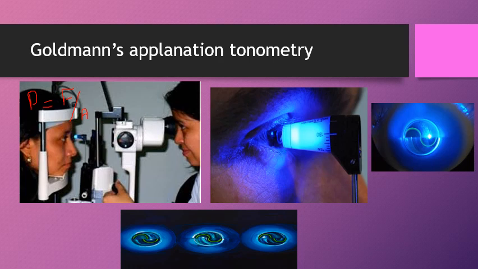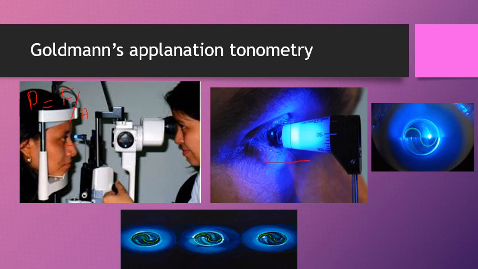Then we introduce anesthetizing drops, 0.5% proparacaine drops, into the patient's eyes, and stain the tear film using a fluorescein strip. The cornea and the biprisms are illuminated with the cobalt blue filter present in the slit lamp. Then we advance the biprism until it touches the apex of the cornea.